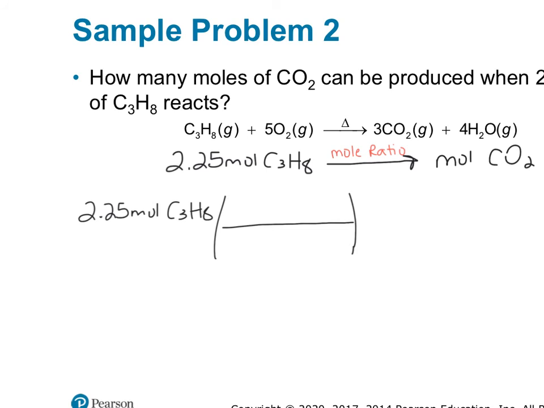The coefficient in the balanced equation for CO2 is 3, so I'm going to say 3 moles CO2 goes on top. Then the coefficient in front of the C3H8 is going to go on the bottom, and this coefficient is just 1, so 1 mole C3H8.